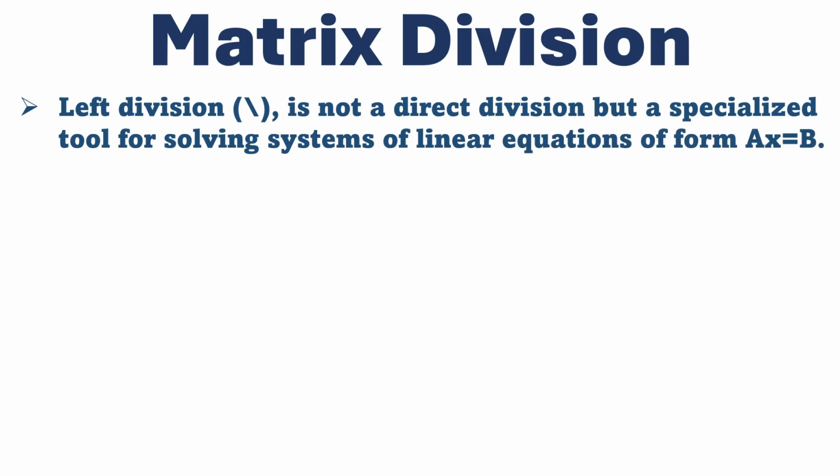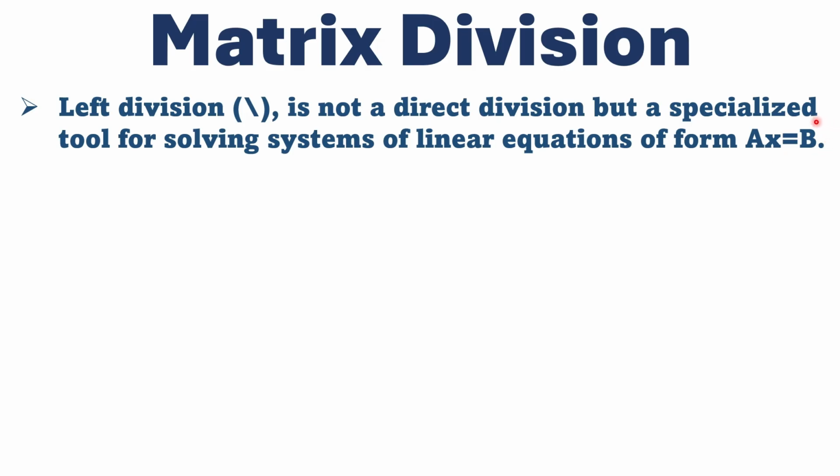Left division is not a direct division, but a specialized tool for solving systems of linear equations of the form AX equals B. We need to understand how to solve for X with the help of the two matrices, A and B. This is how left division is very powerful and useful.